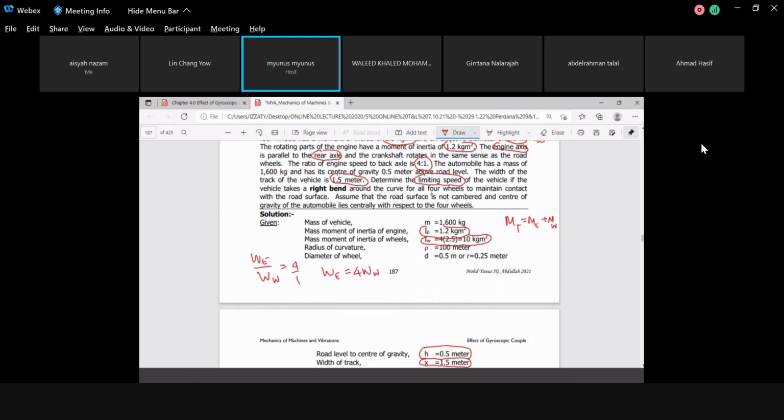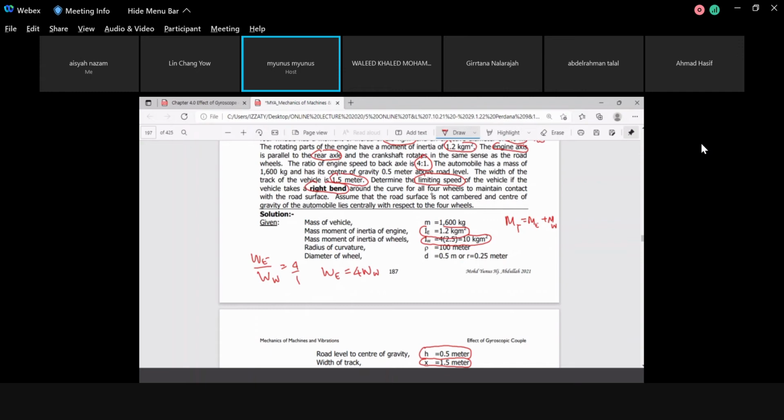So what will be the limiting speed of the vehicle if it takes a right bend, turning right around the curve, for all wheels to maintain contact with the road surface, to ensure that all the wheels on the surface will not leave the ground? So we are going to look for the stability equation, as I mentioned earlier.